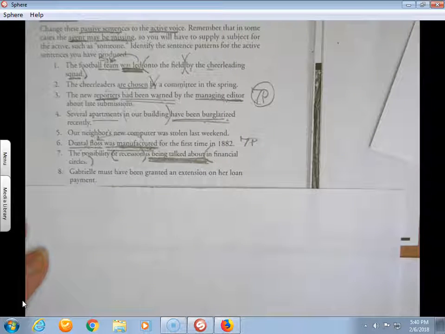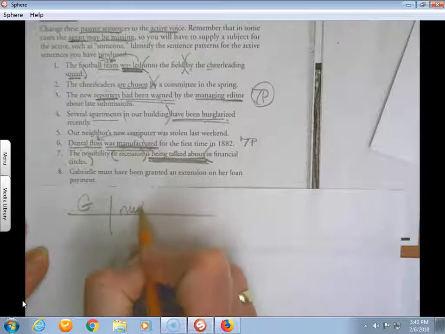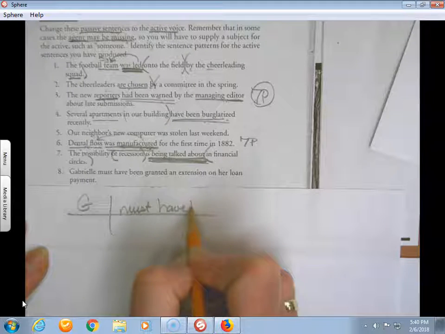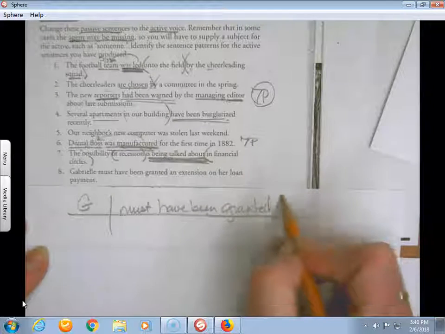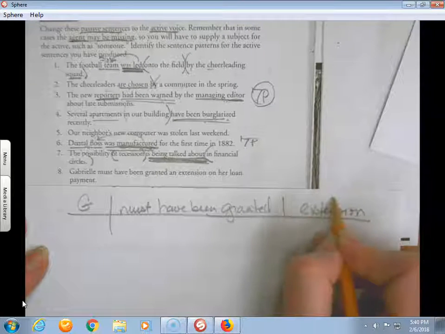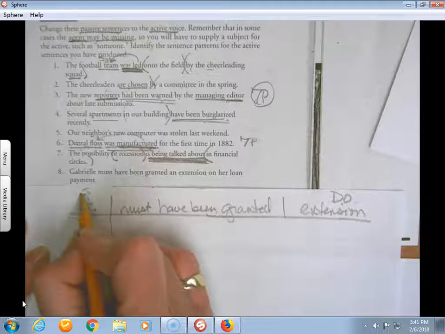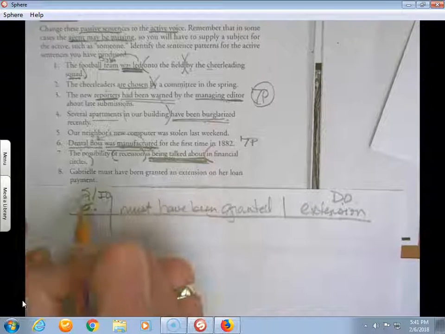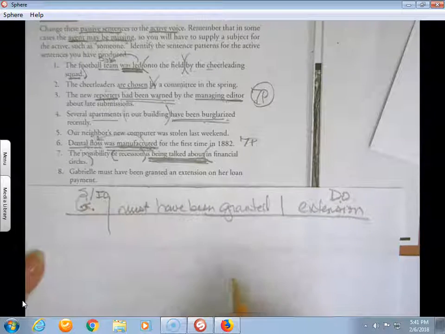Number 8, Gabrielle must have been granted an extension on her loan payment. Gabrielle must have been granted. What must she have been granted? An extension. That's what got granted. This is your direct object, right? But what is Gabrielle? Well, she's the subject, but she's also the indirect object, right? The extension was granted to Gabrielle. To whom or for whom? Remember, that's the question you ask for the indirect object.